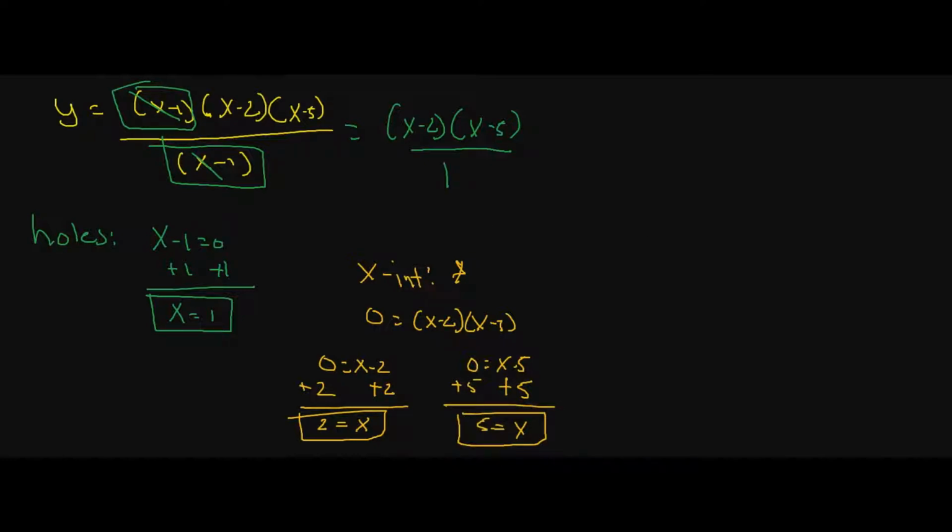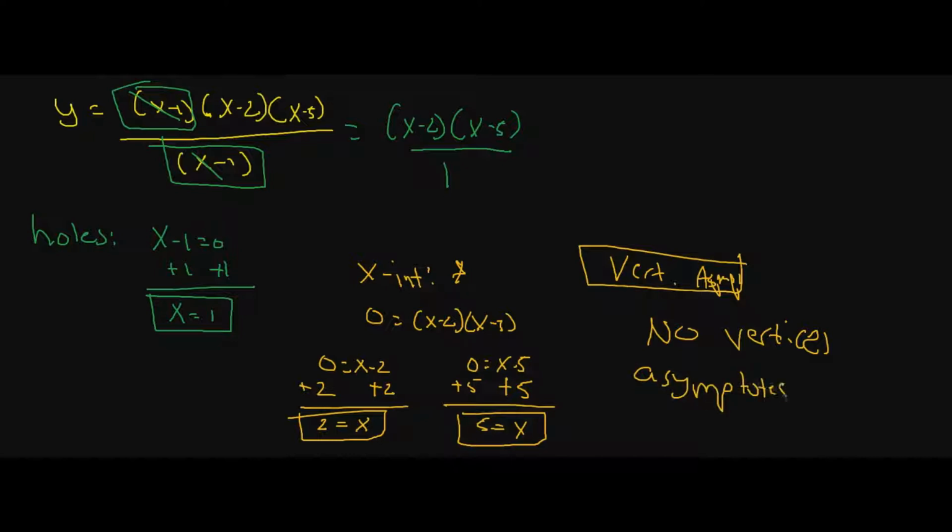These are my x-intercepts. And for my vertical asymptotes, there's nothing I can set equal to 0 and solve. There's nothing in the denominator, so there are no vertical asymptotes. And that's it, we're done.